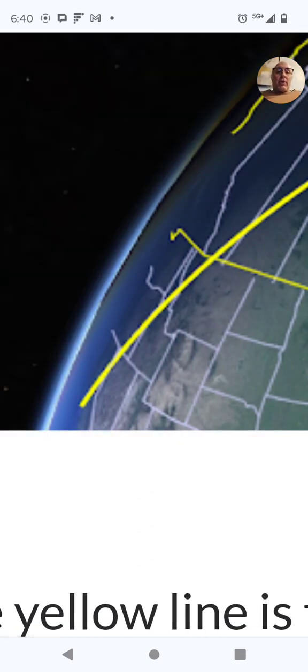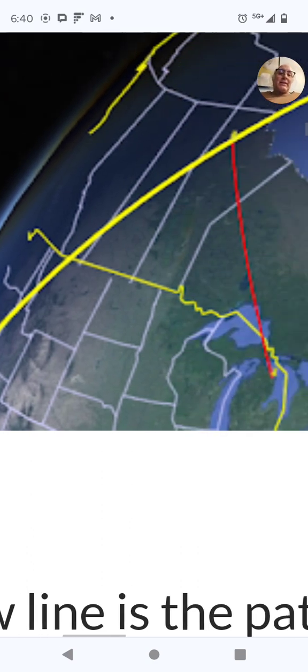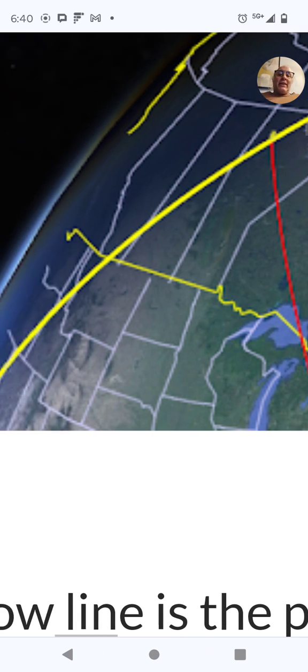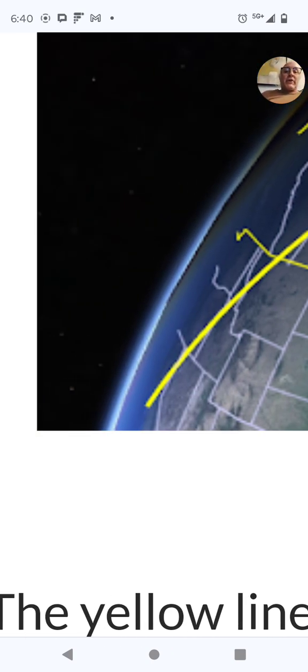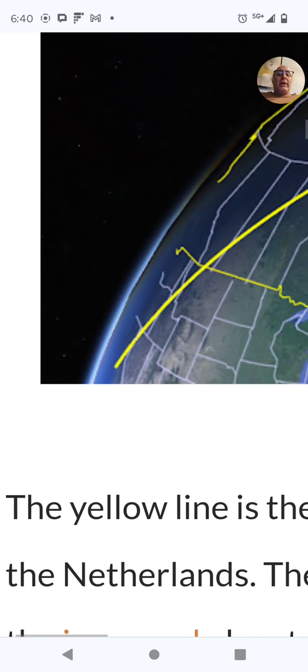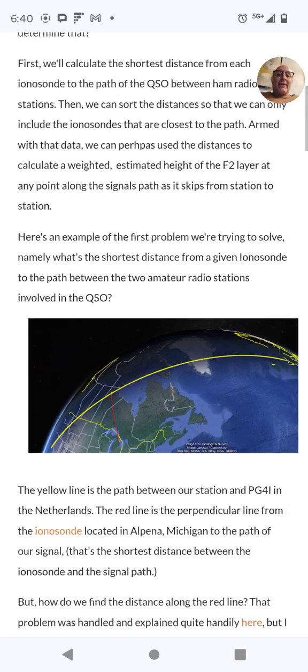And so at that point, you write a little conditional code that says, if we can't do this, then go ahead and measure the distance from the ionosonde to the end of the path, and that will be the shortest distance between the ionosonde and the path.